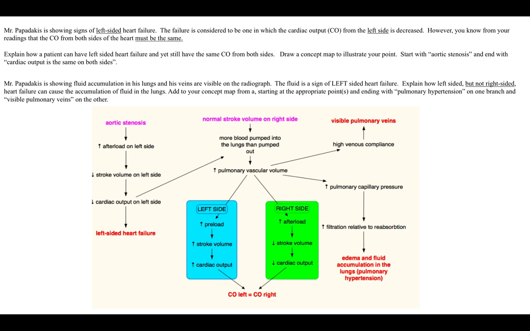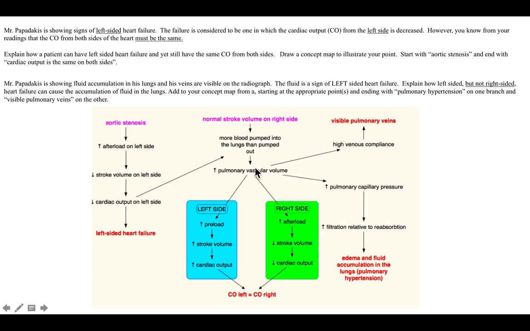Now, the second part of this problem had to do with why you typically get more fluid accumulation in the lungs, why you get signs of left-sided heart failure in the lungs, and why when you see pulmonary hypertension, you should be really thinking left-sided heart failure. And the reason is simply because of this.